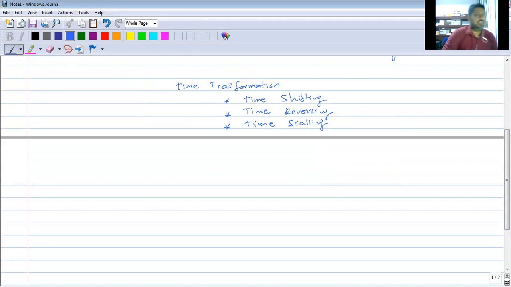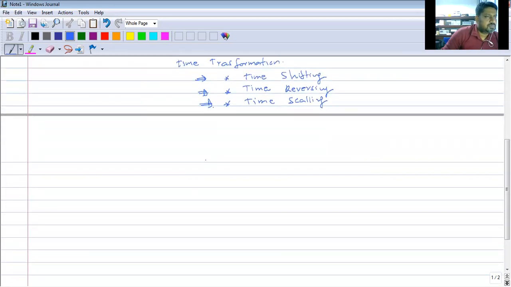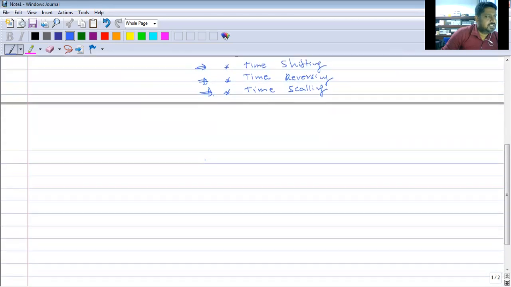Under our LO2, learning outcome 2, we are going to learn these three basic time transformation techniques. I think the content is very small. We will start.